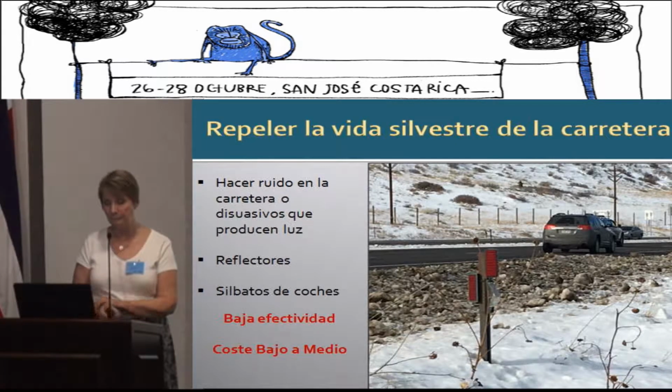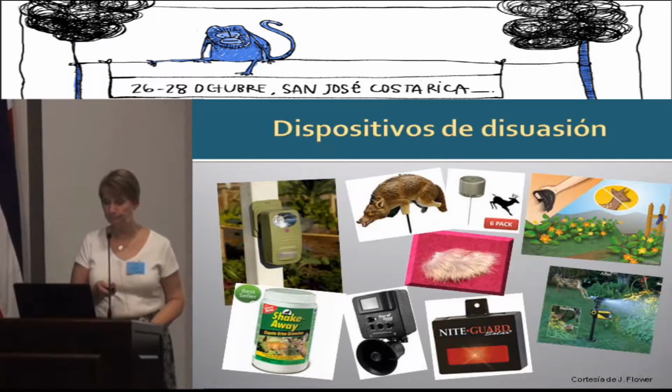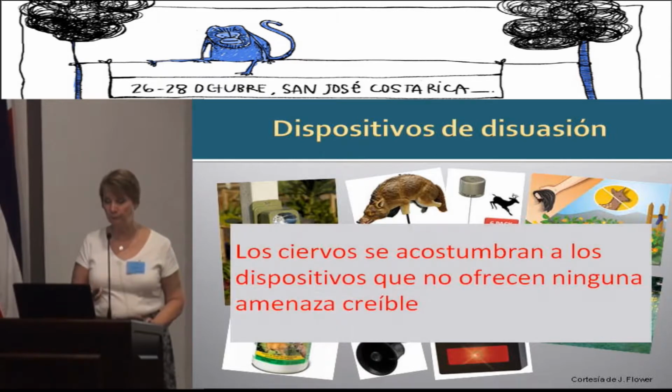They still have their problems, and they're not all that cheap either. There are a number of other ways of repelling wildlife away from the road, but so far we haven't found that these are very useful either.